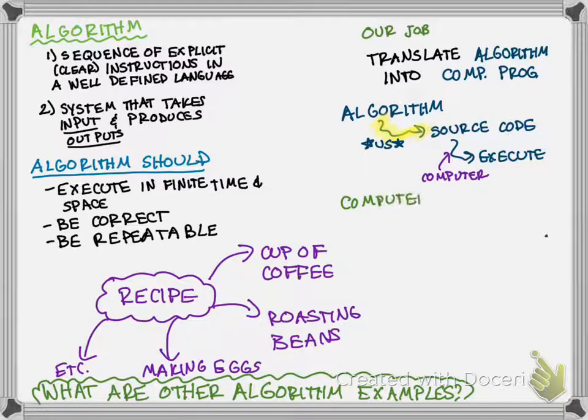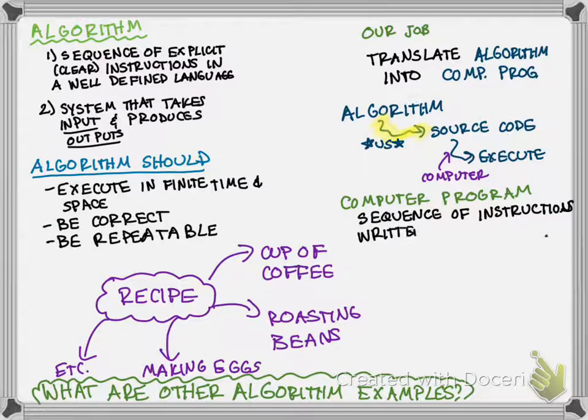What exactly is a computer program, though? I'm sure we could all come up with some basic definition of what a computer program is. We all use computer programs, but the real definition is that it's a sequence of instructions written to perform tasks with a computer.